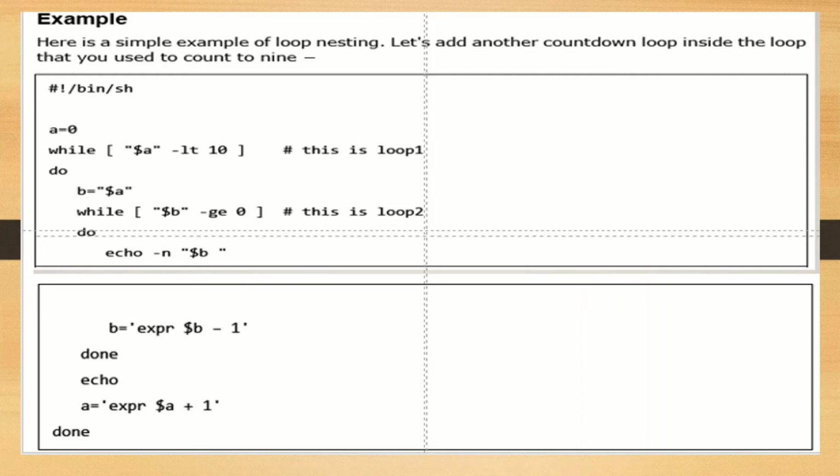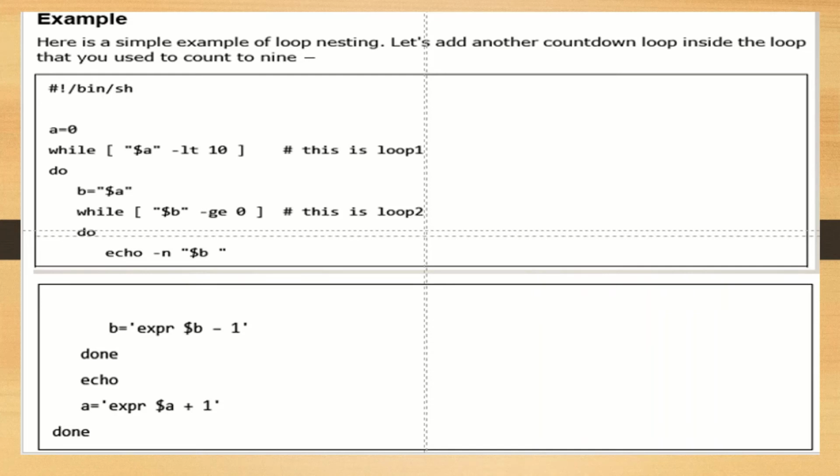Let's add another countdown loop inside the loop that you used to count up to 9. For that you set a is equal to 0, while a is less than 10. Then do b is equal to a, assigning a's value to b, while b is greater than 0.